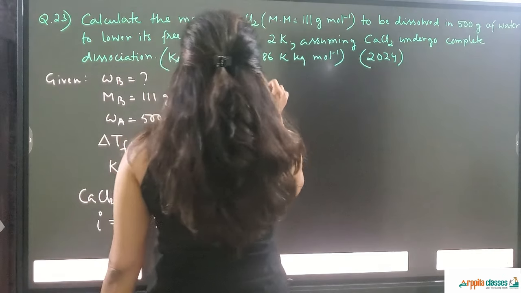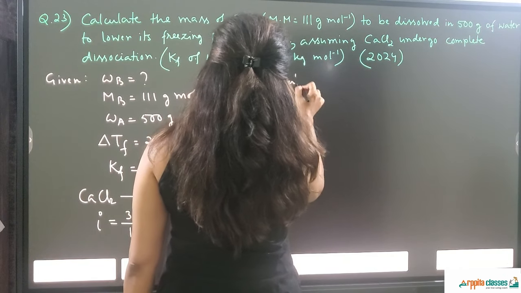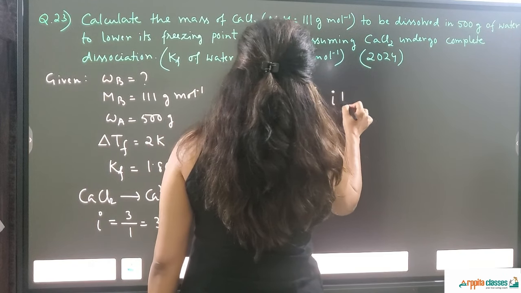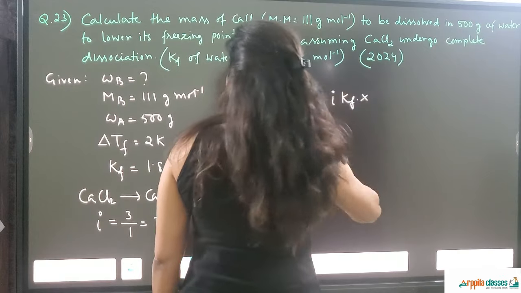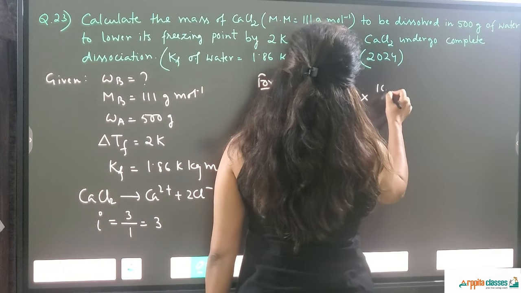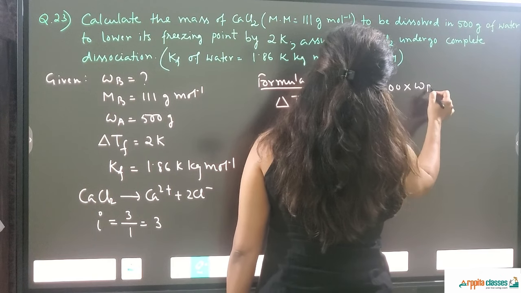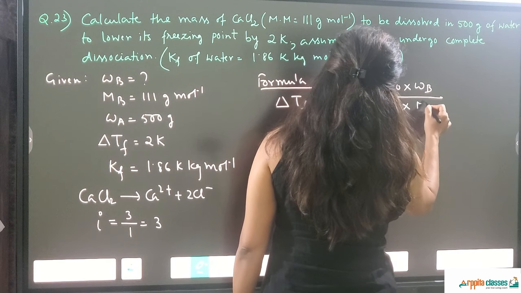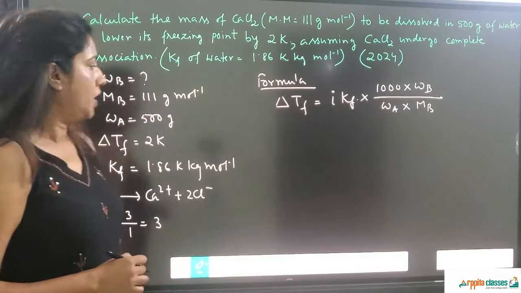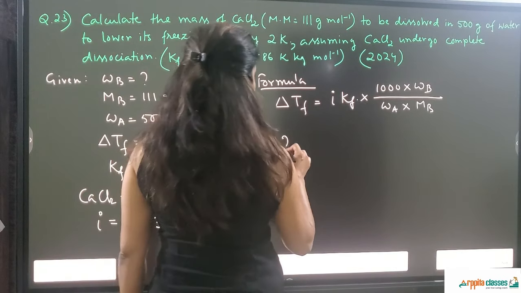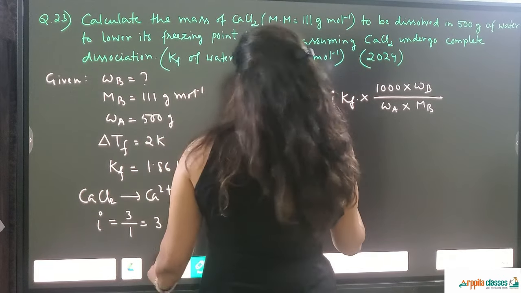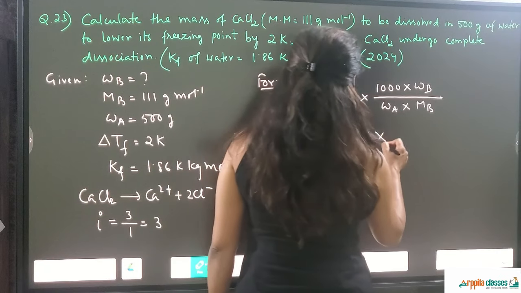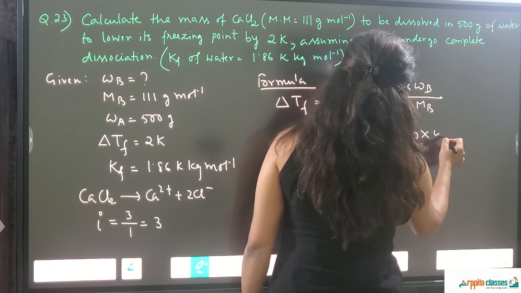Here we use the formula: delta Tf is equal to I into Kf into molarity. We break down molarity, so that is 1000 into Wb divided by Wa into Mb. This is the formula. So delta Tf is directly given to you, 2. I is equal to 3, into Kf, which is 1.86, into 1000. Wb we need to find out.